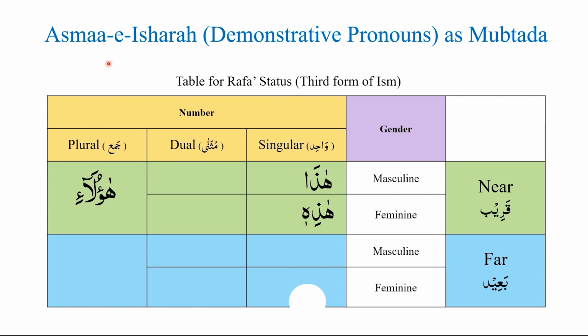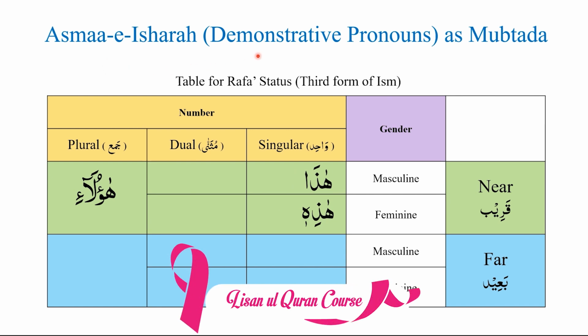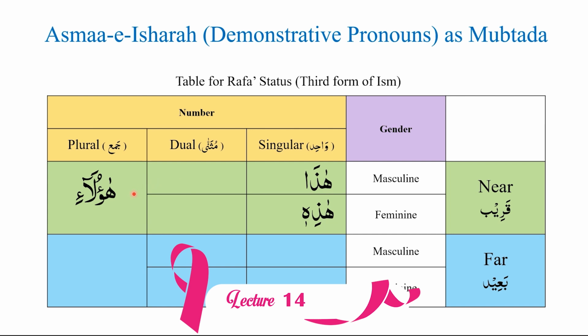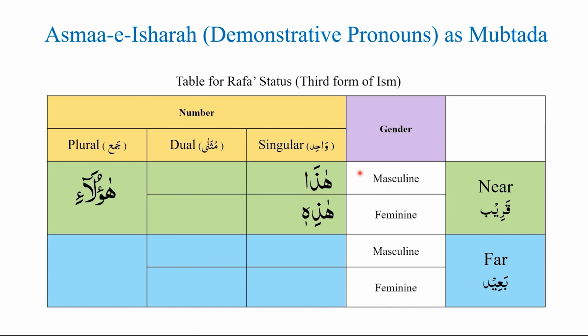We studied asma ishara or demonstrative pronouns for objects and people that are near, and those demonstrative pronouns are haza, hazihi, haulai. Next, we will study demonstrative pronouns for people and objects that are far. In order to point towards someone or something that is singular and masculine and far away, we will use the demonstrative pronoun zalika.